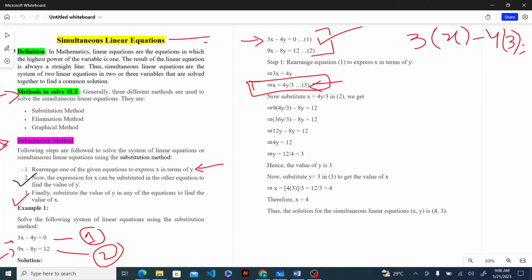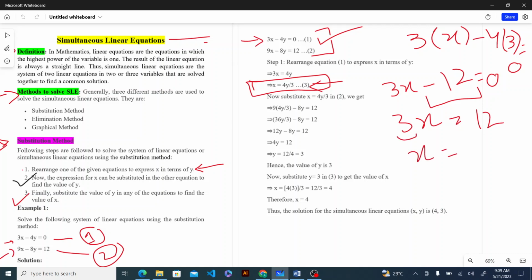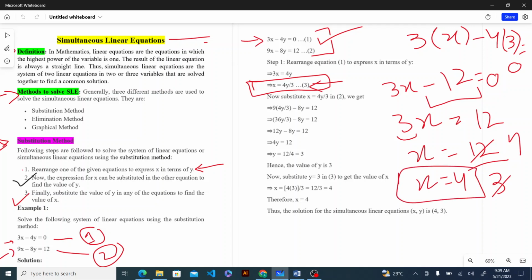Now 3x minus 4 times 3, which is 12, equal to 0. 3x minus 12 will be shifted to the right side and converted to positive 12, so 3x is equal to 12. The 3 will be shifted to the right side and divides the 12. So 3 fours are 12. Again we have got the value of x, that is 4.